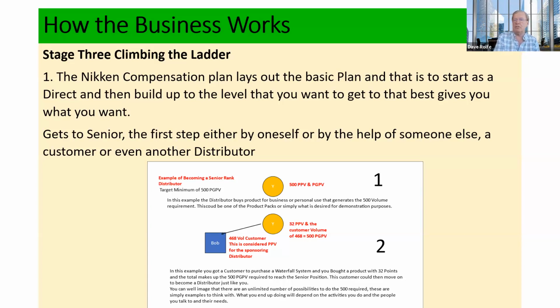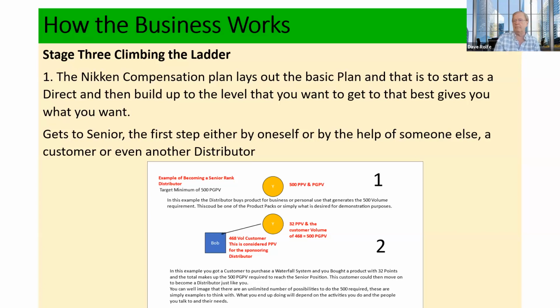So if you understand what the step is, and then you understand what the next step is, then you can see what you do to get to the next step. This is really important. So here's the first step. It's the senior rank, 500 points. So here are 2 examples of how you could do the 500 points. One, you could have your own product for demonstration purposes or personal use. You accumulate 500 points, you've got it done.